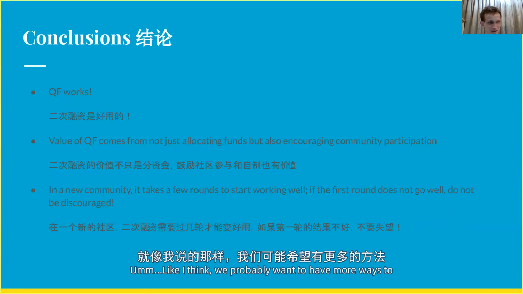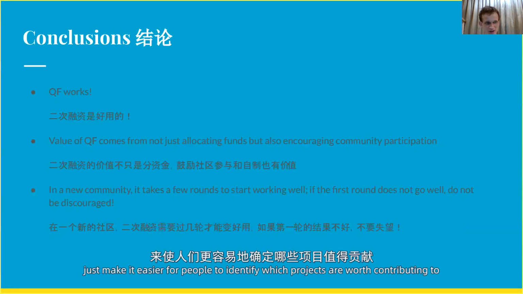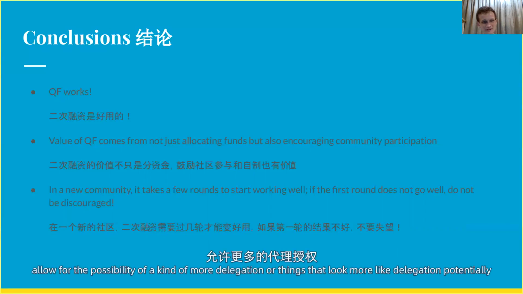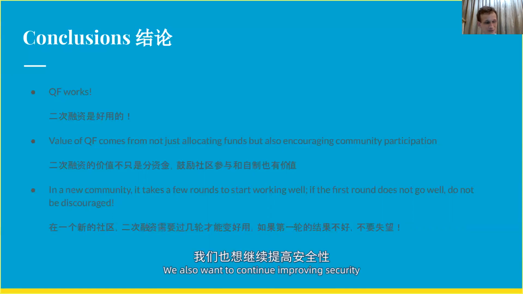We probably want more ways to make it easier for people to identify which projects are worth contributing to and which are not, and to allow for the possibility of more delegation, or things that look more like delegation. We also want to continue improving security.